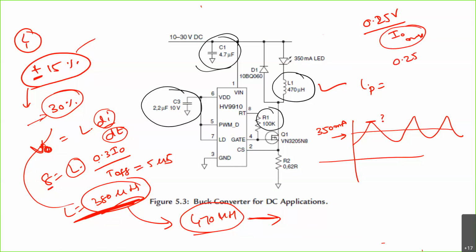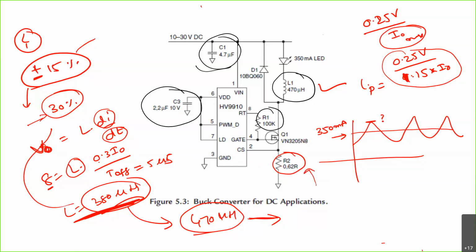So it is 0.25 volts divided by, in this case, 1.15 into I naught. That is the value of the sense resistor you need to connect, that is the R2 resistor value. It's clear? Again, you set the nearest value.